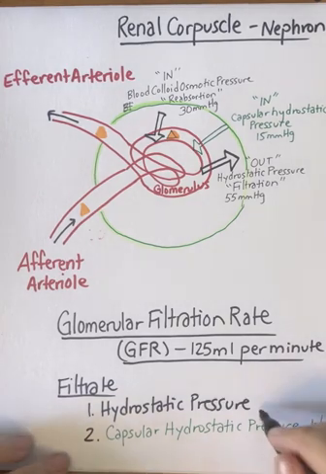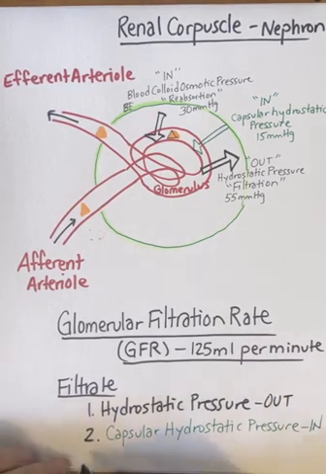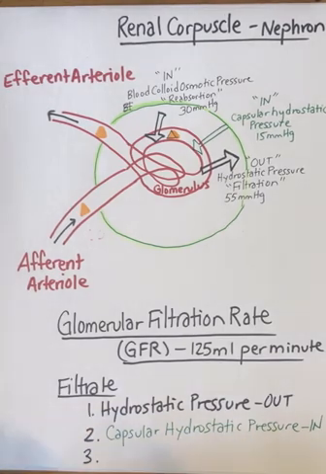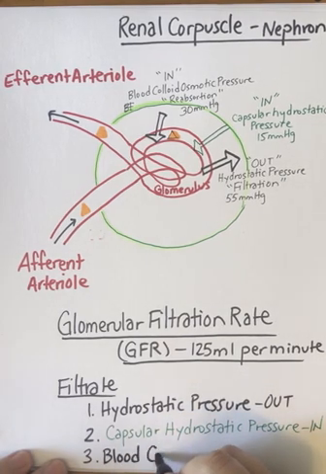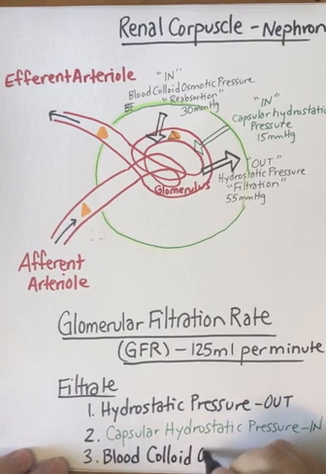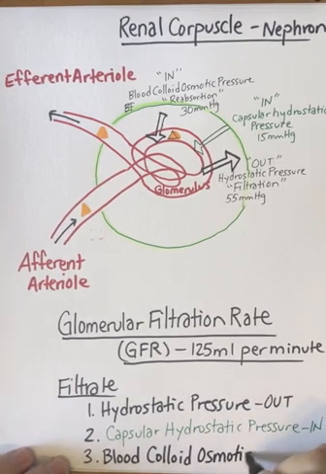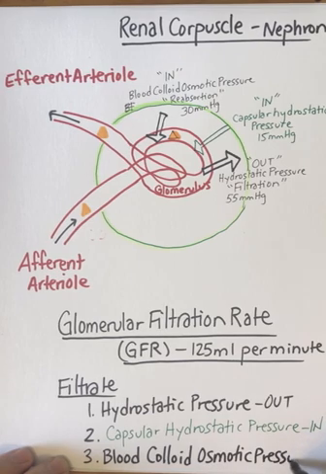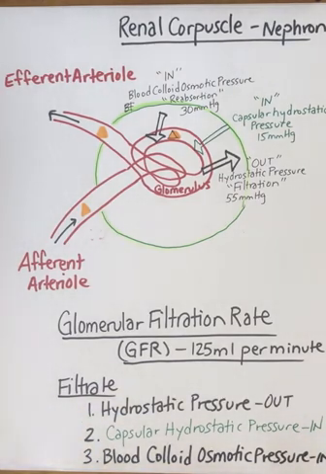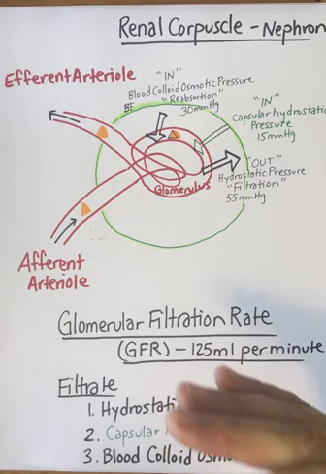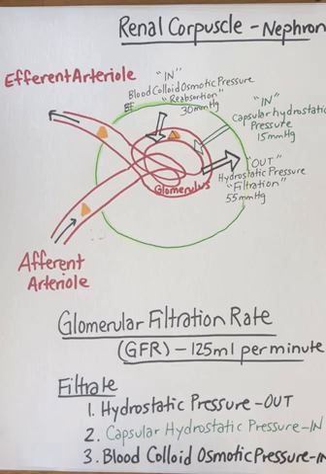Hydrostatic pressure forces it out. And the third one, because you have your albumin, you have your blood colloid osmotic pressure. Blood colloid osmotic pressure is going to force it in. So before we can even go through the GFR, we need to understand pressures, and so this is a good review of that.